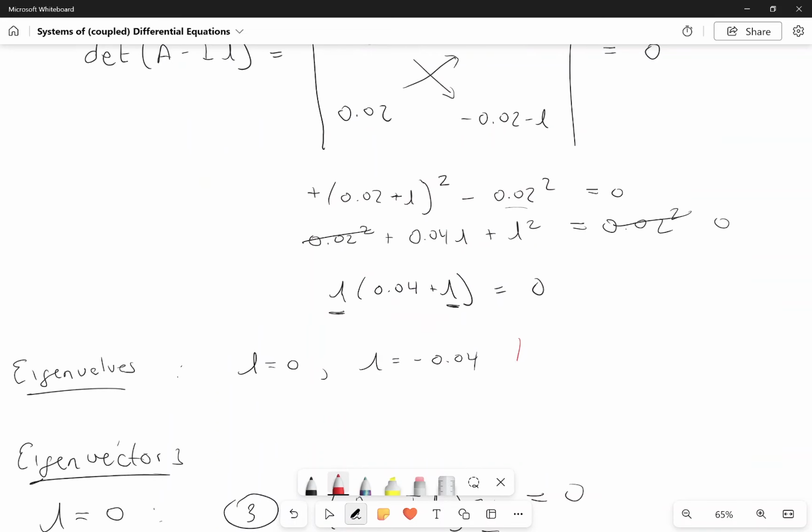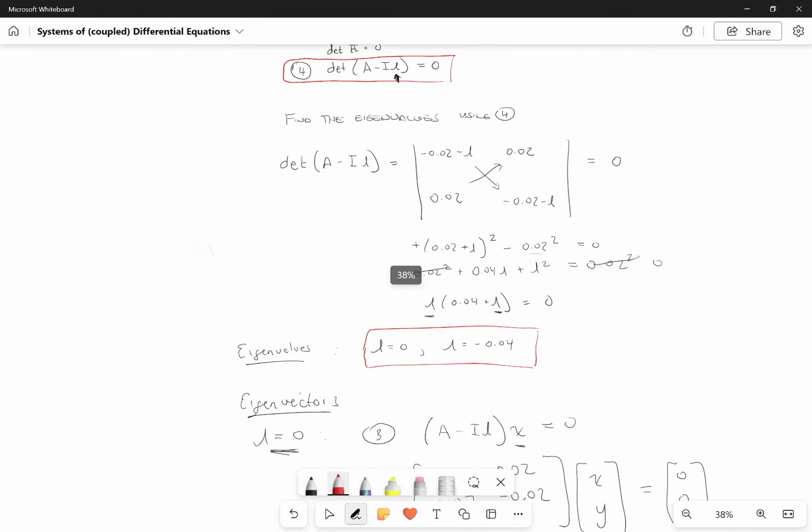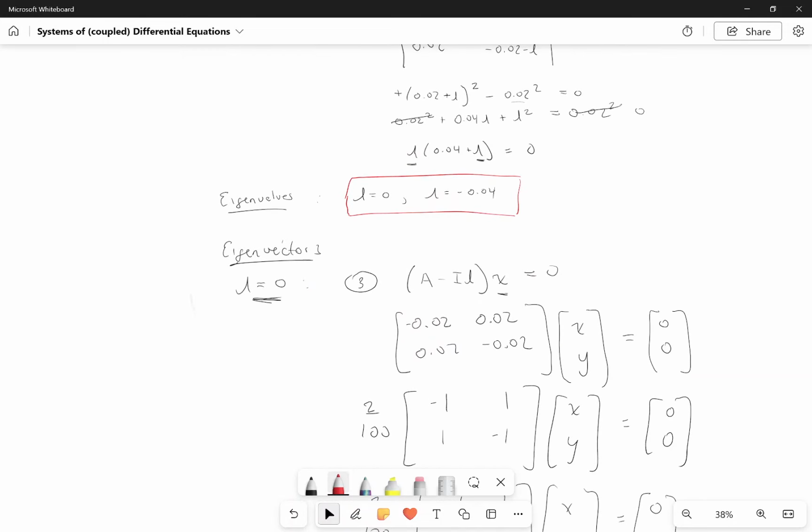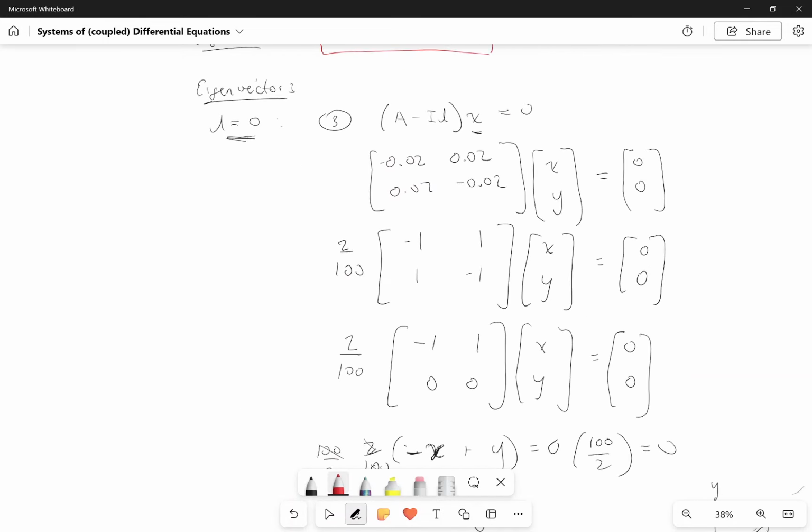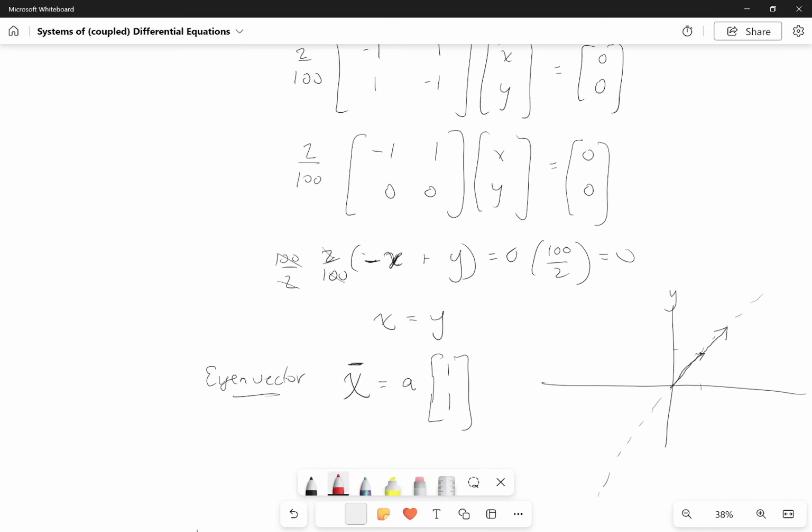Because it's a 2 by 2 matrix, we expect 2 eigenvalues. For each eigenvalue, we solved for the eigenvector that corresponds to it. In this case, we got some constant times (1, 1).